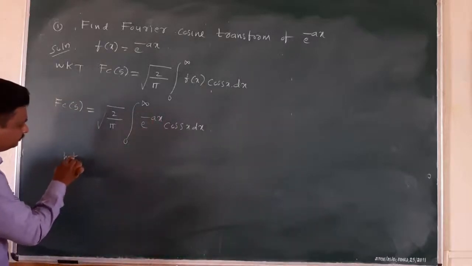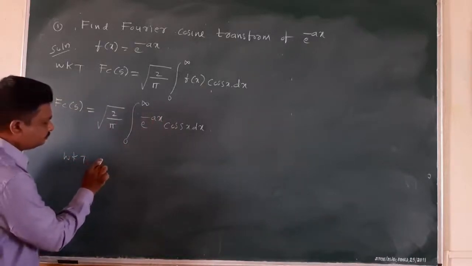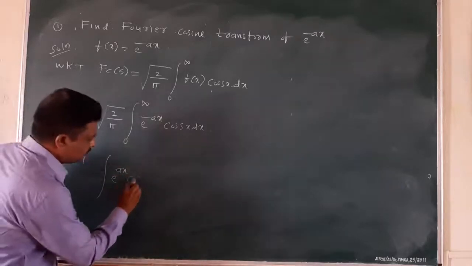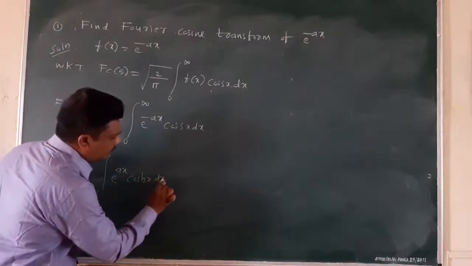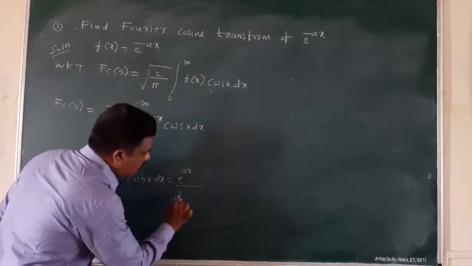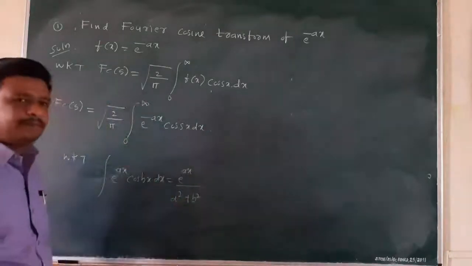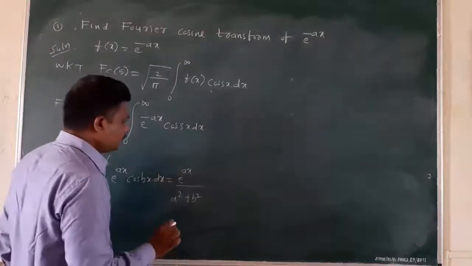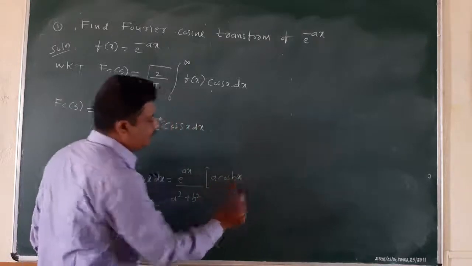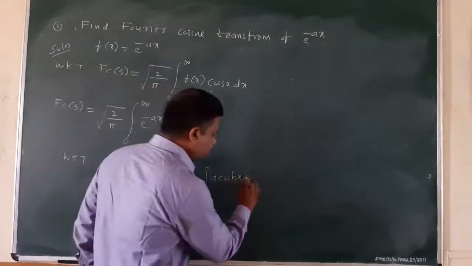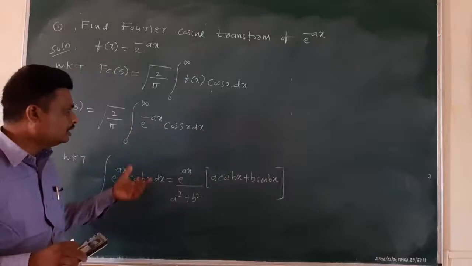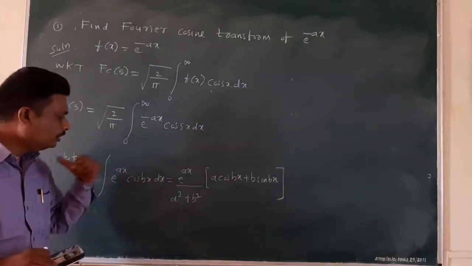So we know that integration of e to the power of ax into cos bx is equal to e to the power of ax upon a square plus b square, into a cos bx plus b sin bx. So this is the formula. To solve this integral, I am going to use this formula.